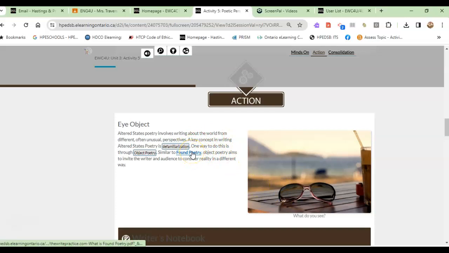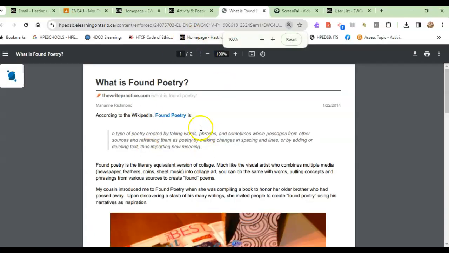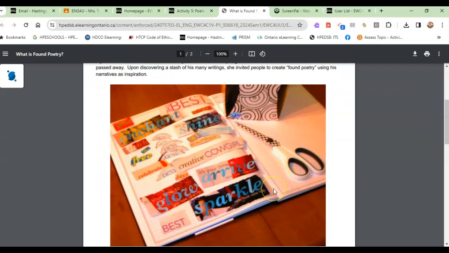There's even a link right here about found poetry, the idea of how poems don't necessarily need to exist in terms of an author sitting down and writing a poem about a human emotion, that there's lots of different examples of found poetry. And so found poetry is an interesting one where you cut out words.